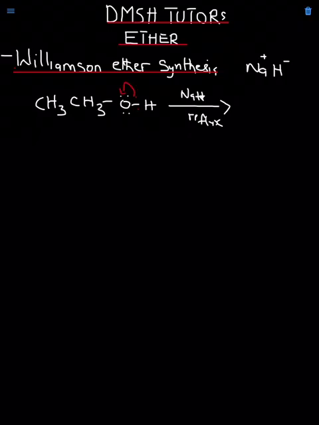By doing that, we have CH3CH2, oh, I think there's a mistake here, CH3CH2, then we have an alkoxide being formed. Then the hydrogen is left with a positive charge.